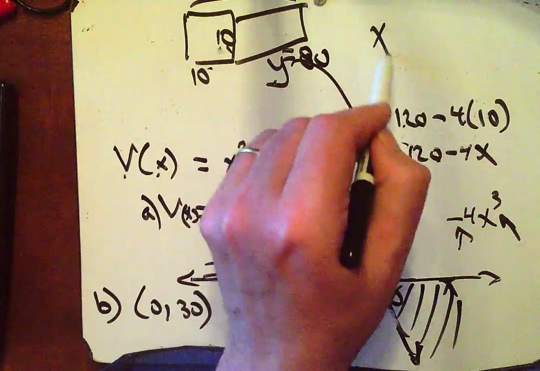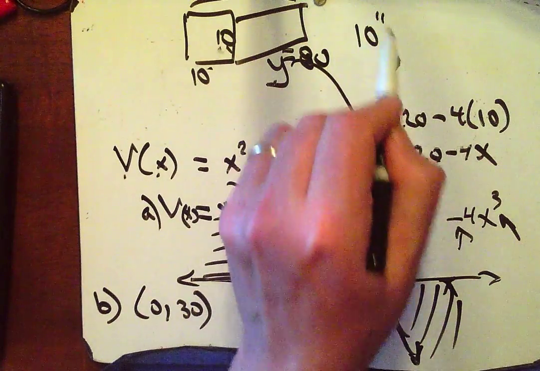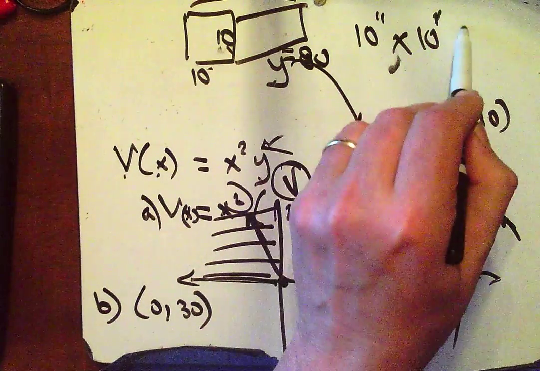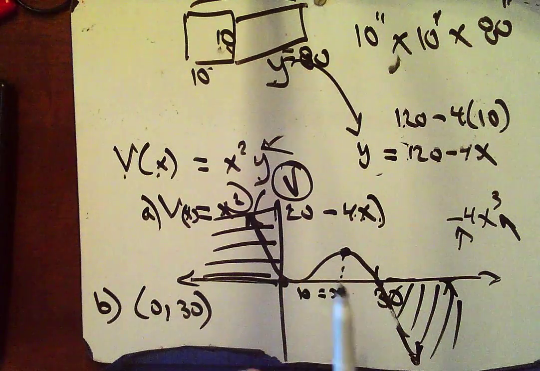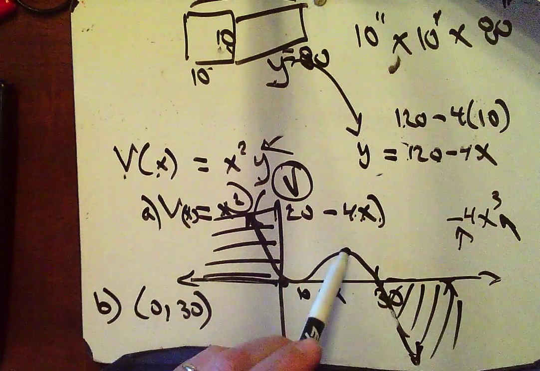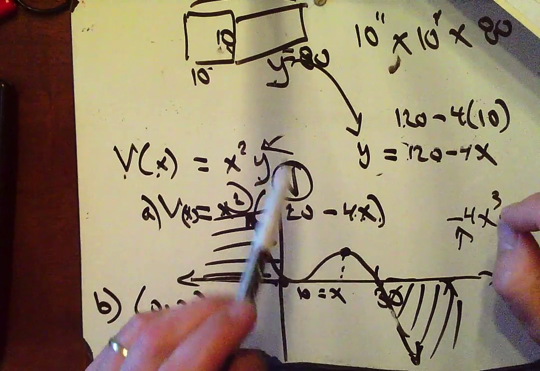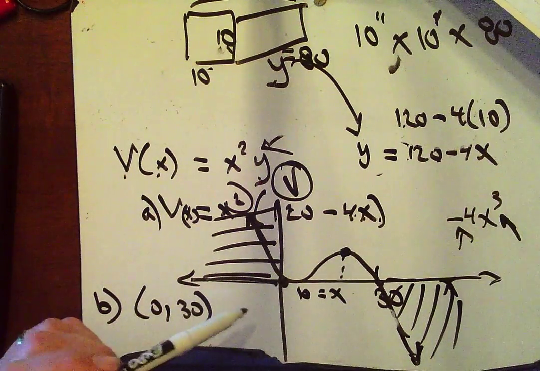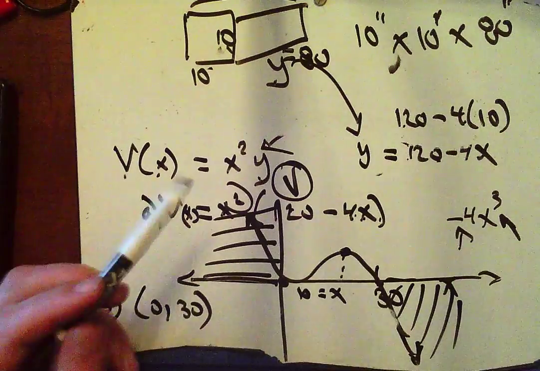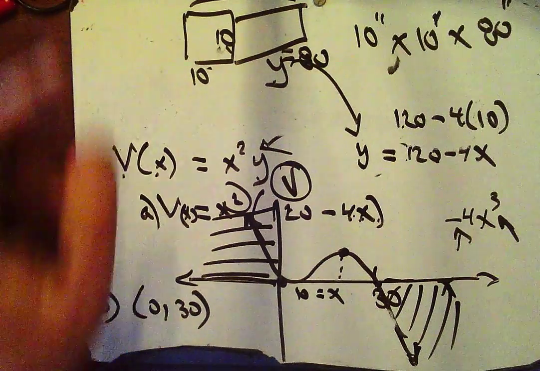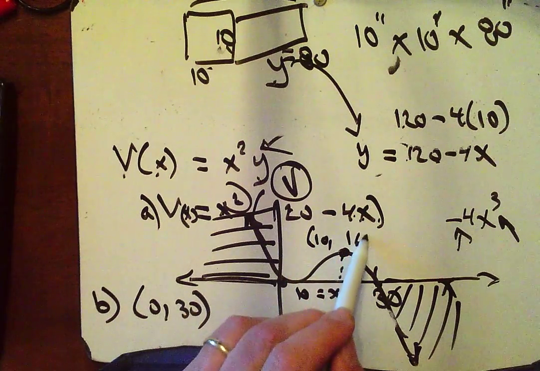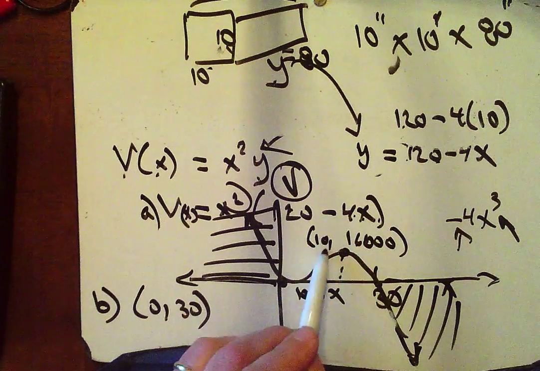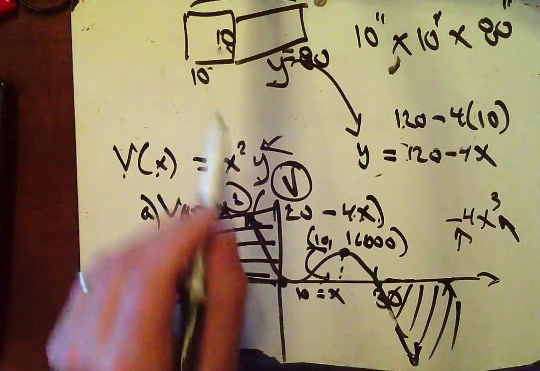And so my dimensions will be 10 inches by 10 inches by 80 inches. Okie doke. Not the 16,000. If the question had said, what is the biggest volume we can have, that's when I want to use that 16,000 number. Otherwise, that 10 is what I'm looking for. I'm looking for the value of x. The value of x was 10.